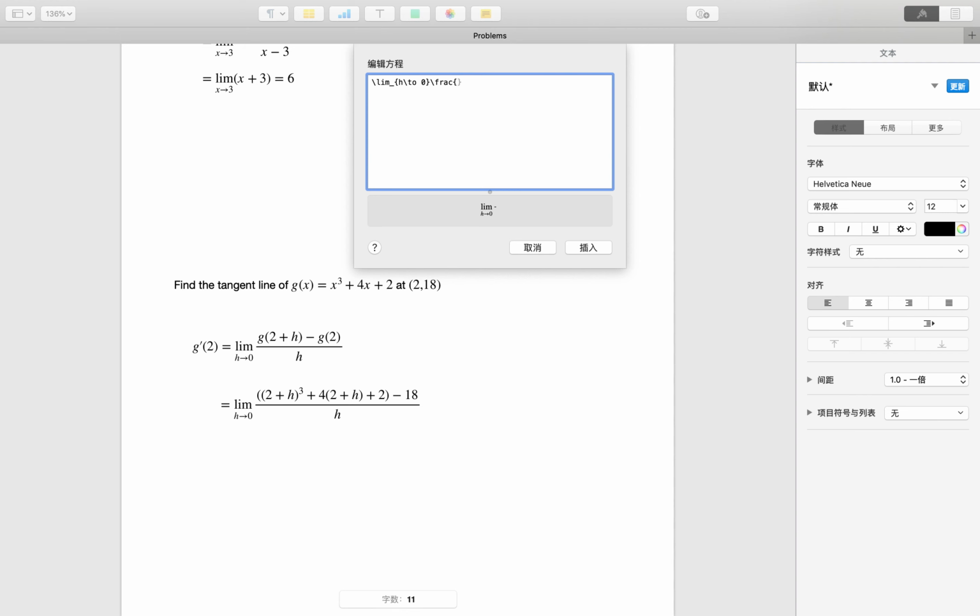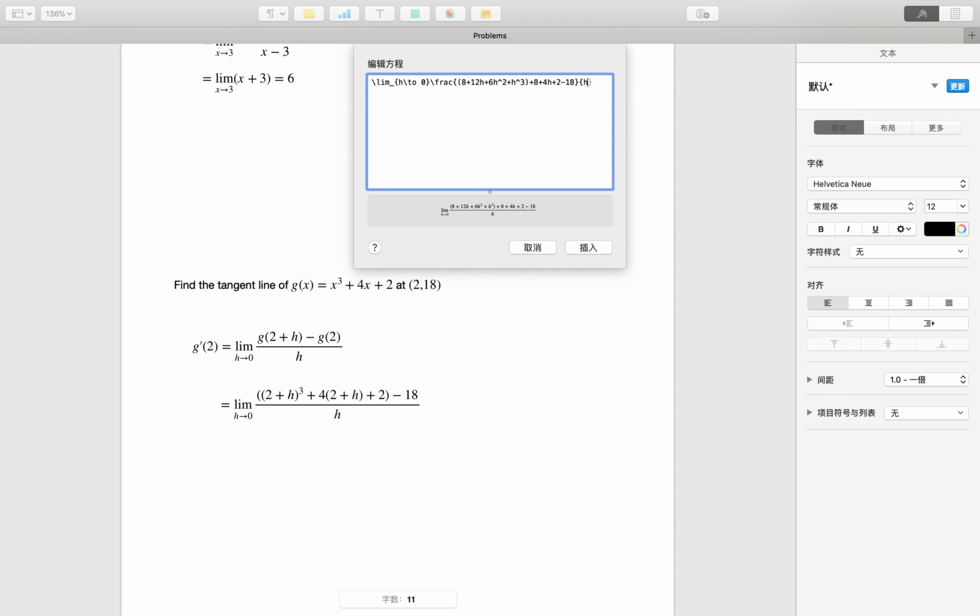So 2 plus h cubed equals 8 plus 3 times 2 squared times h, which is 12h, plus 3 times 2 times h squared, so 6h squared, plus h cubed, plus 4 times 2 plus h, so plus 8 plus 4h plus 2, minus 18.